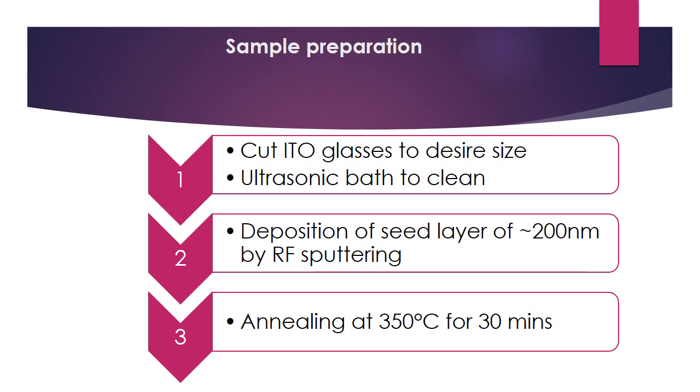A zinc oxide seed layer of around 200 nanometers is deposited on top of the clean ITO glass by radio frequency sputtering. Then the sample is annealed at 350 degrees Celsius for 30 minutes.